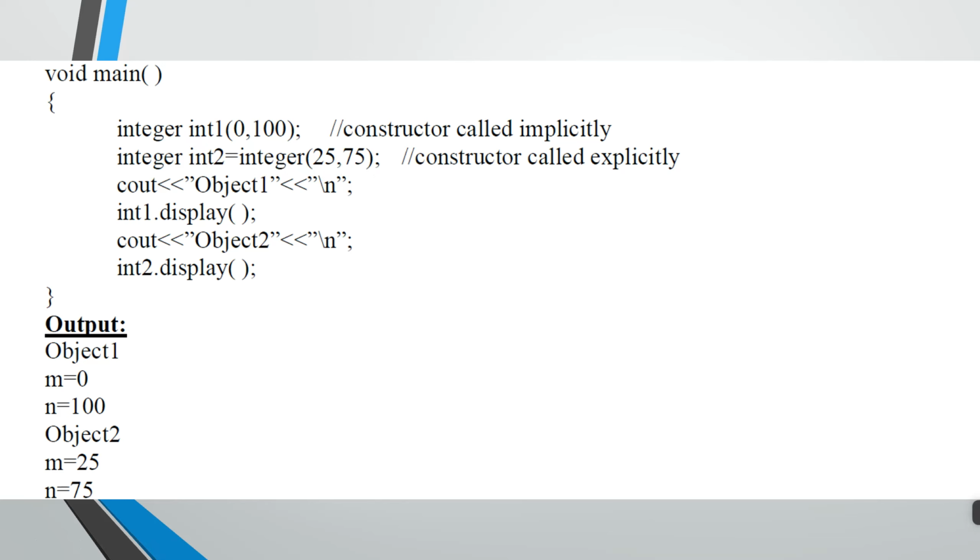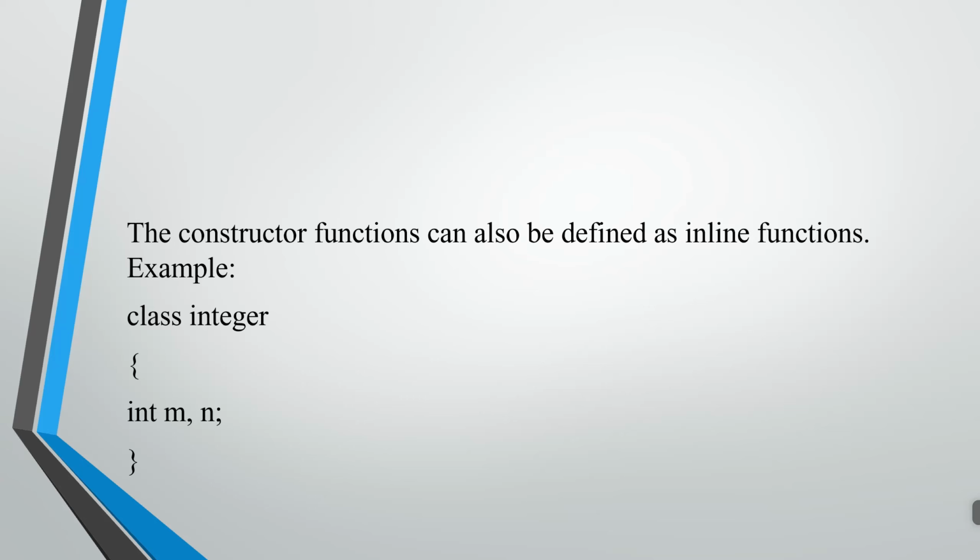It's because of the parameterized constructor that you can have different values for the objects. So now there is another method.